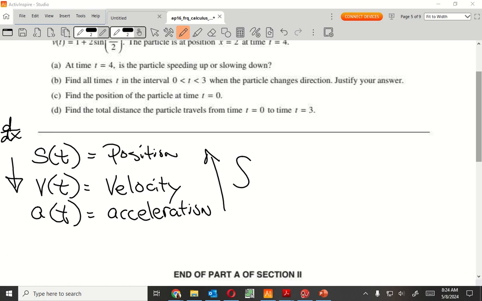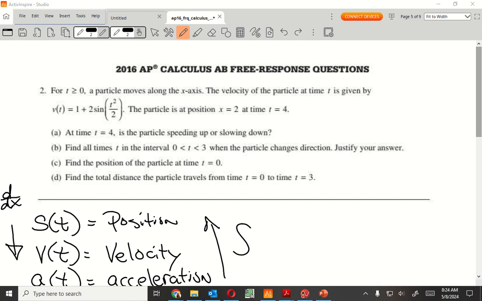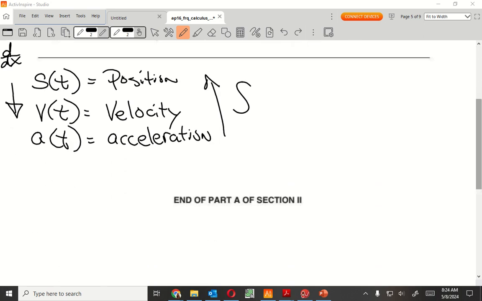From there, it says, for t greater than 0, a particle is moving along the x-axis, and the velocity of the particle at time t is given by v of t. The particle is at position x equals 2 at time t equals 4. This is going to look like this: this is time, and this is my x position.